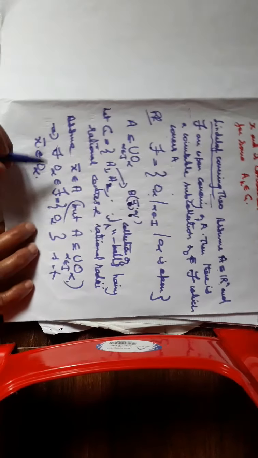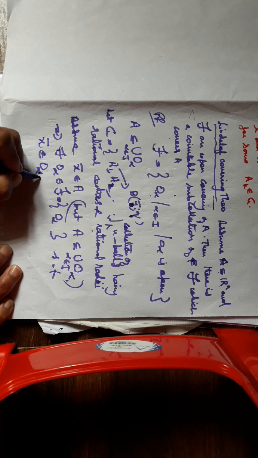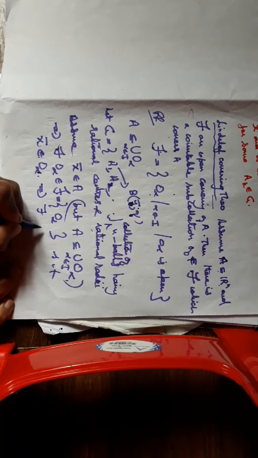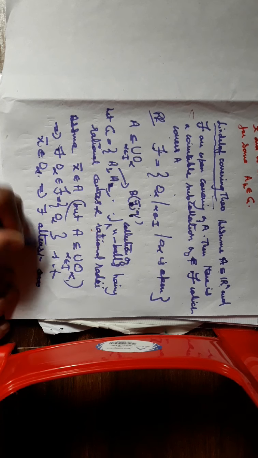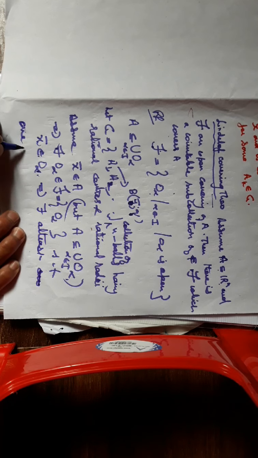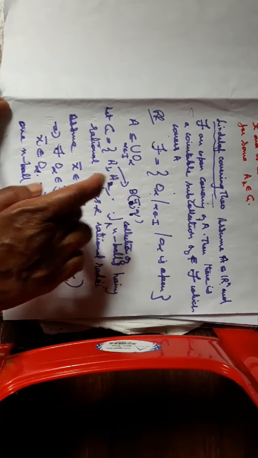So using that lemma, we have shown here x bar belongs to O alpha. As x bar belongs to O alpha, it implies that there exists at least one n-ball in set G. What is set G?